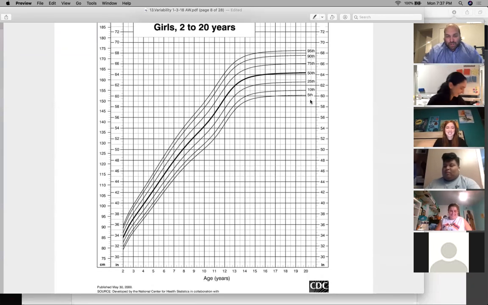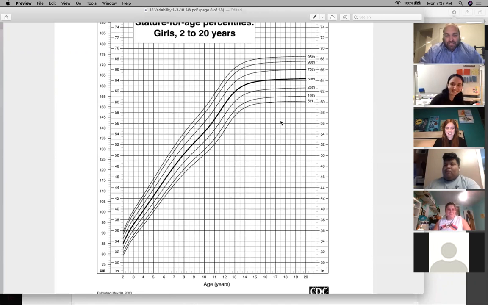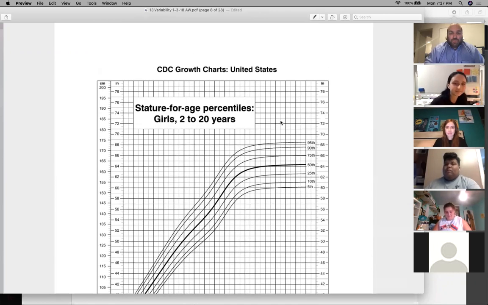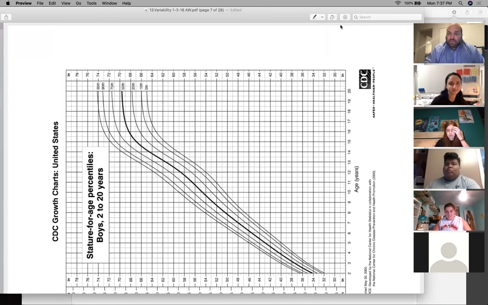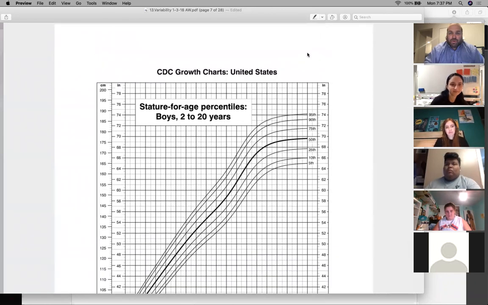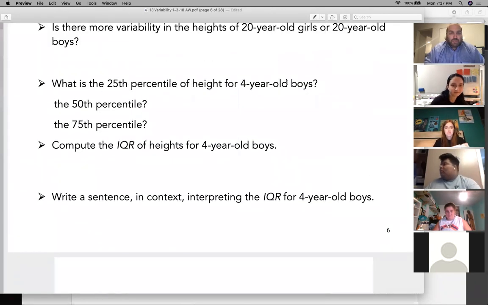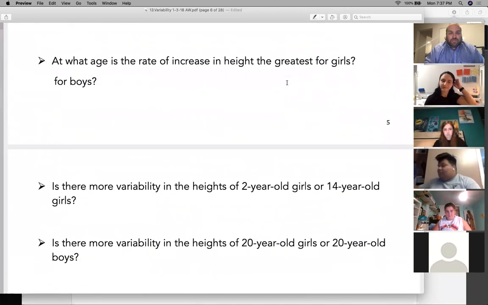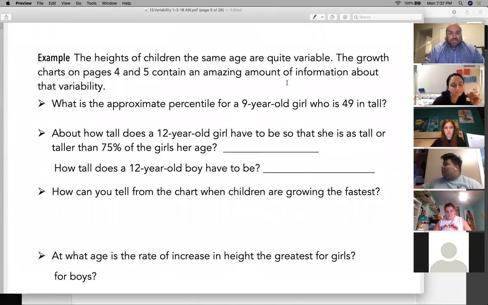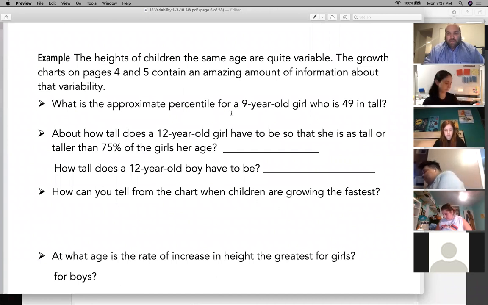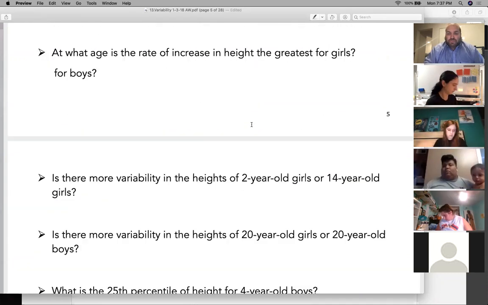So if I said, for example, well, I'm sure they have some good examples here. So this one here must be boys. Okay, so let's go through the questions. What is the approximate percentile for a 9-year-old girl who is 49 inches tall?